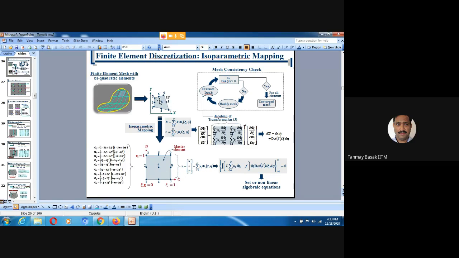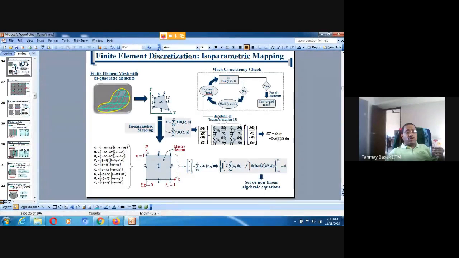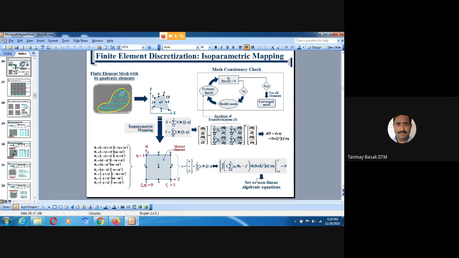Any irregular domain like this, even with curved sides, can be mapped to a straight-sided square domain, and we can do all the integral evaluations and calculations.